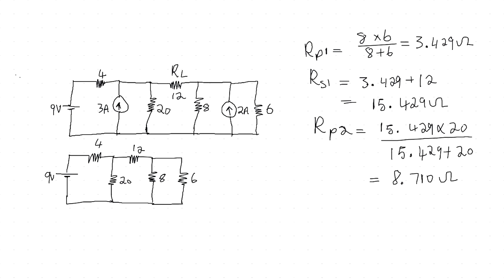So that RP2 is going to be placed on the 20 ohm. I'll be left with two resistors, RP2 and the 4 ohm, and they're in series.